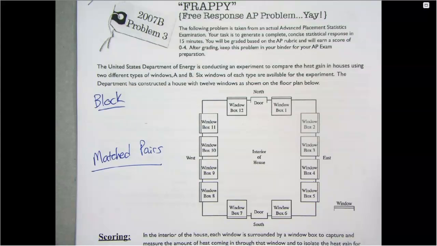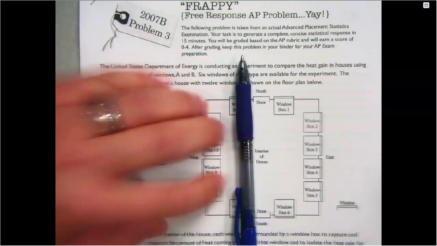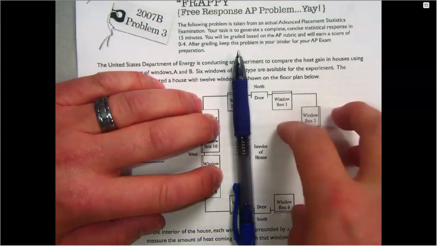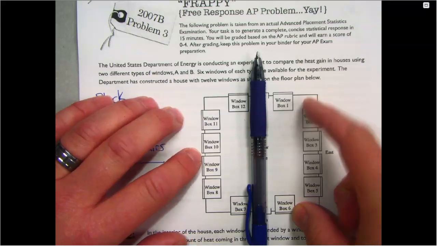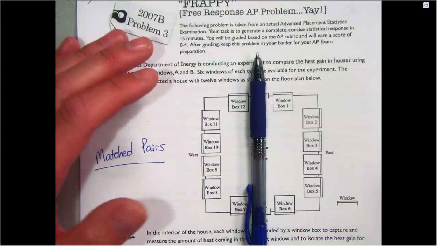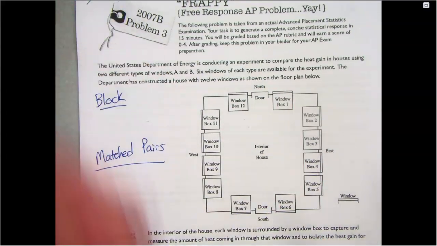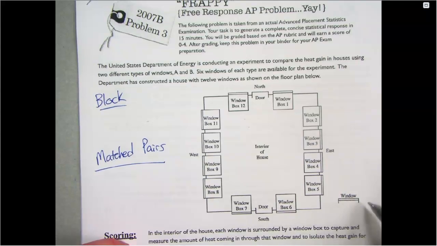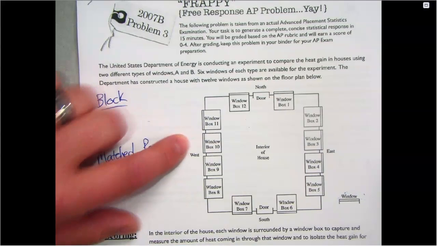So for example, if I were to put window A over here and window B over here, and then all of these perform better, do I know if it's because of the window or the direction it's facing? I wouldn't know. I know the ones by the window are going to be different because they can get the sun shining on them all the time, and these ones don't.